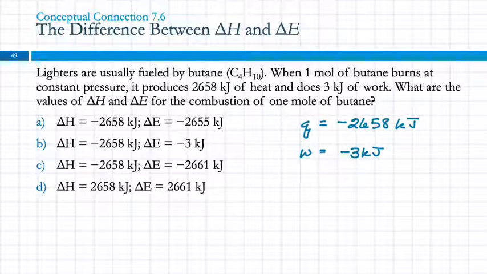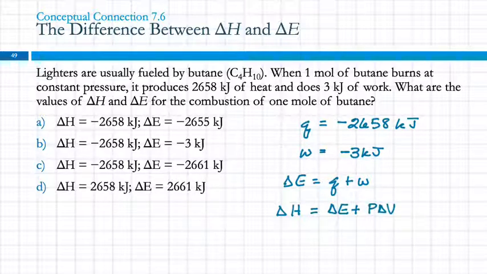So then delta H and delta E. If you look back through the slides, delta E was Q plus W. And delta H was delta E plus P delta V, or it's just Q at constant pressure.